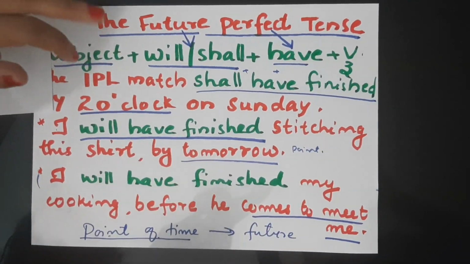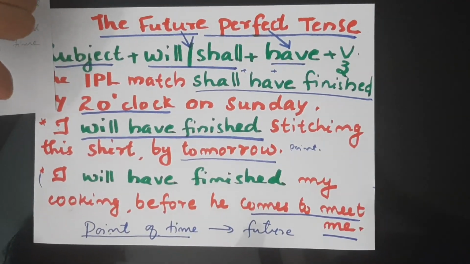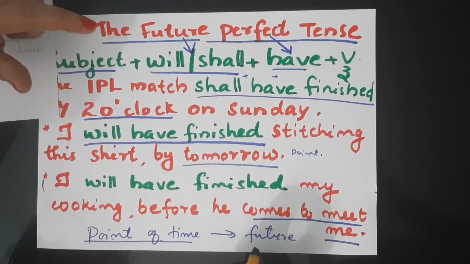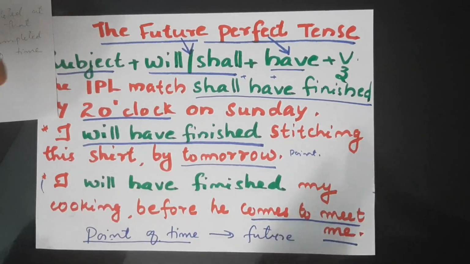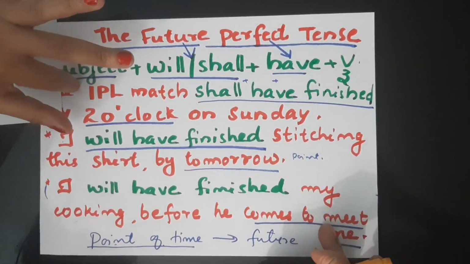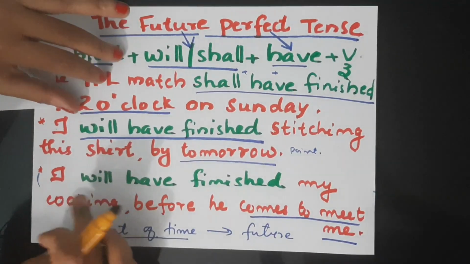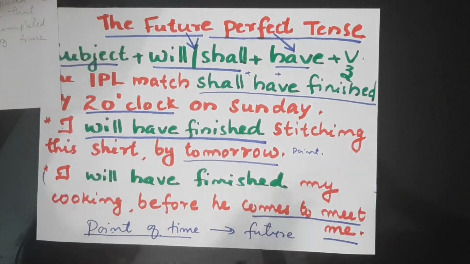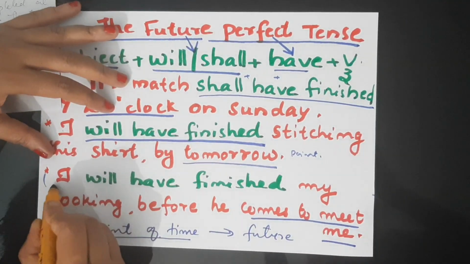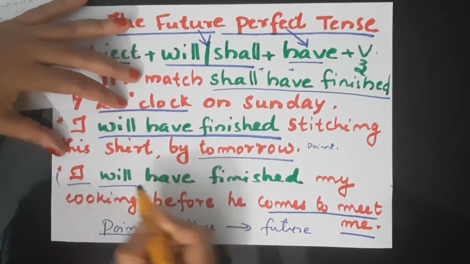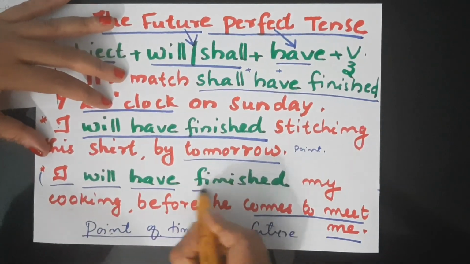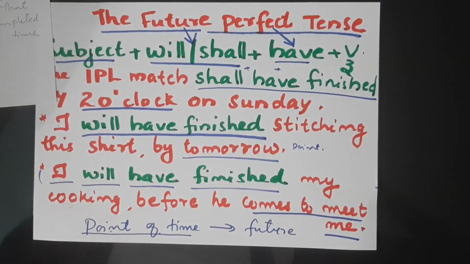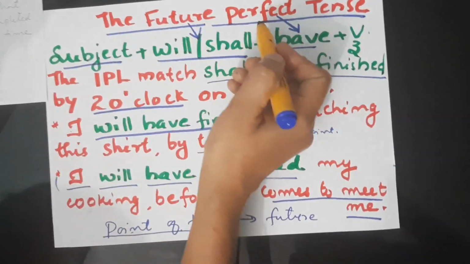That's the action which is going to be completed in the future before a point of time. Subject, will or shall plus have plus V3 form of the verb. Got it? So this is the future perfect tense.